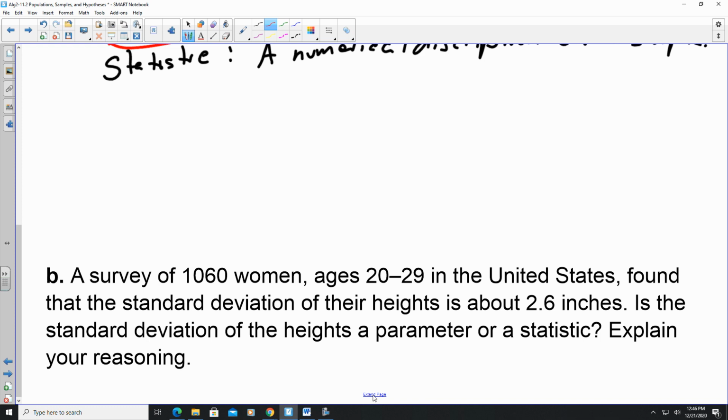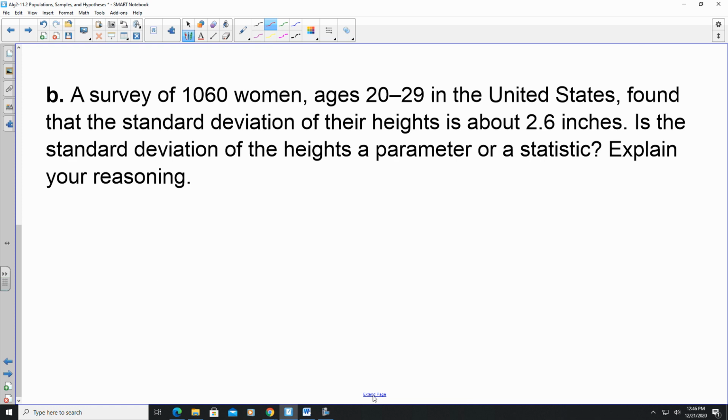Here, it says a survey of 1,060 women ages 20 to 29 in the United States found that the standard deviation of their heights is about 2.6 inches. Is the standard deviation of heights a parameter or a statistic? Explain your reasoning.